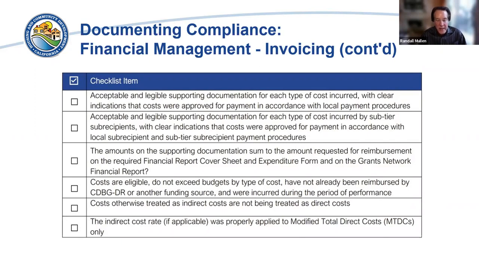The invoices that the HCD monitor would sample would be supported by these checklist items being marked off, and they would perform a review to confirm that the jurisdiction has followed the practice and documented in their files the appropriate supporting documentation that was earlier reviewed and approved by HCD.